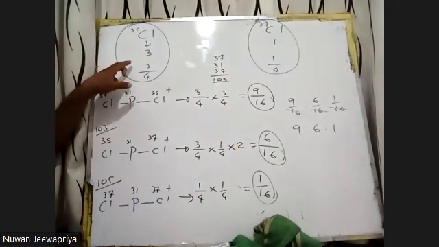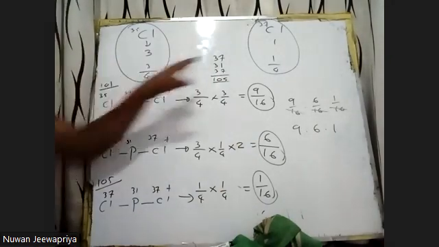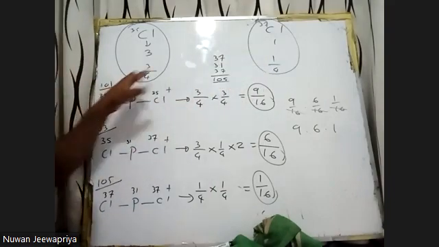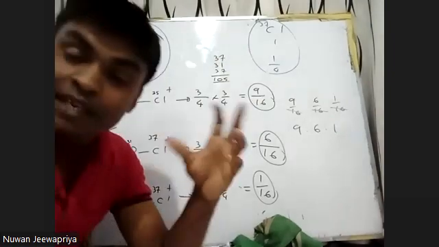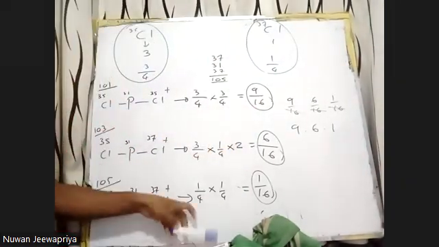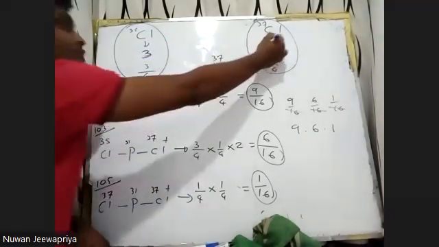Because the probabilities of finding are 3 over 4 and 1 over 4. Why does it come 3 over 4 and 1 over 4? That is because their relative abundances are 3 is to 1.